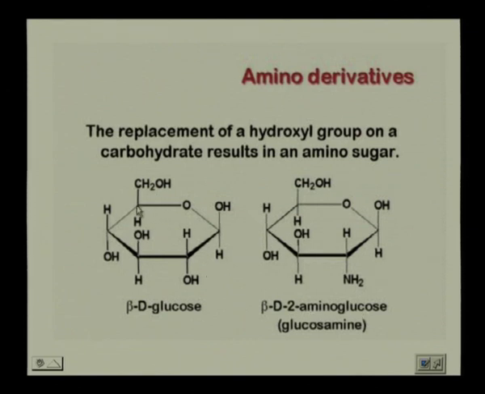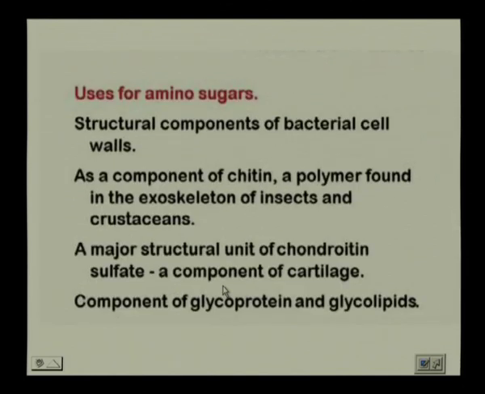So, we have the beta D glucose that forms the beta D glucosamine, and this can further be acetylated to form NHCOCH3, right. So, these are basically the different types of reactions we can have.